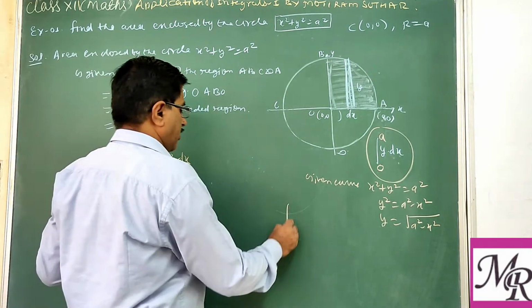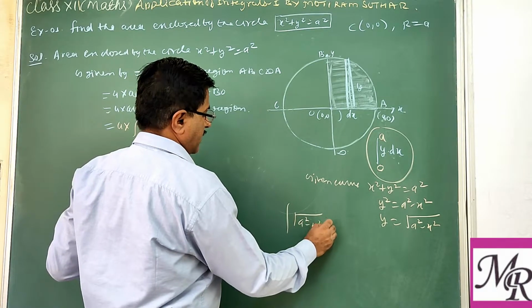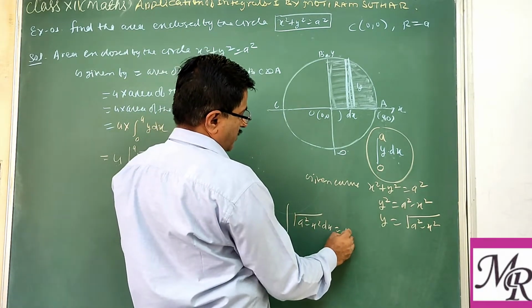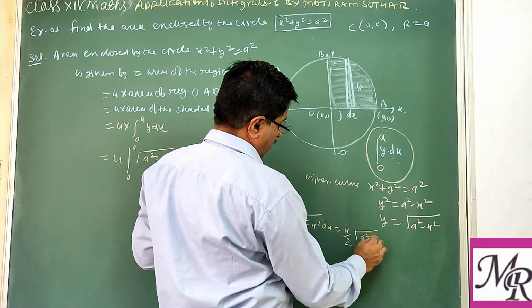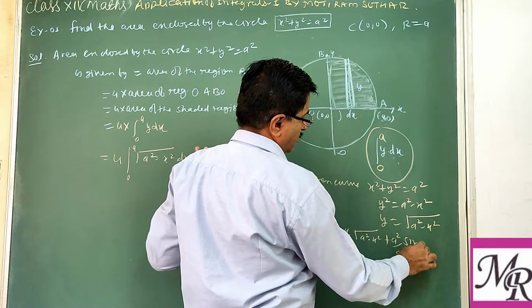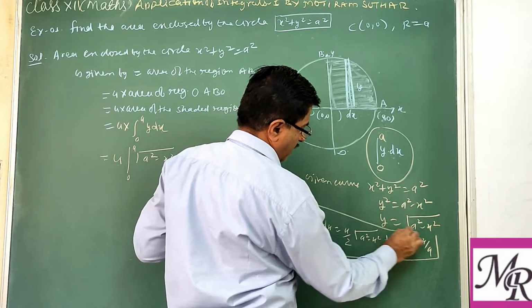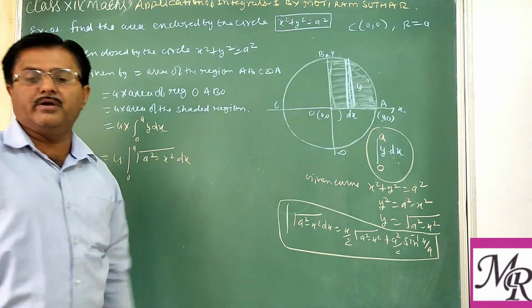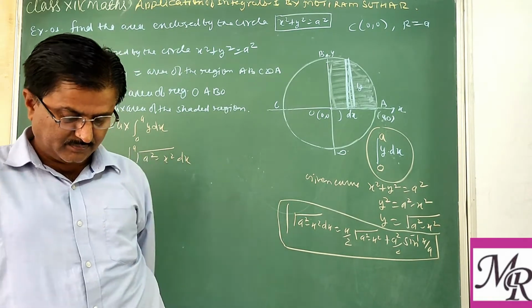For the definite integral we have the formula: integral of root of a square minus x square dx equal to x by 2 root of a square minus x square plus a square by 2 sin inverse x by a. This is the formula. For some more types of integrals, we take the formula.